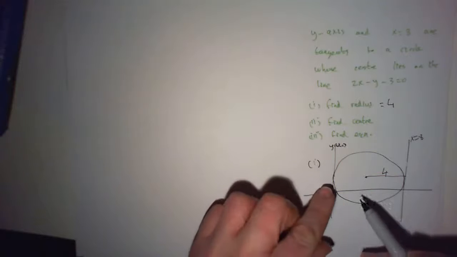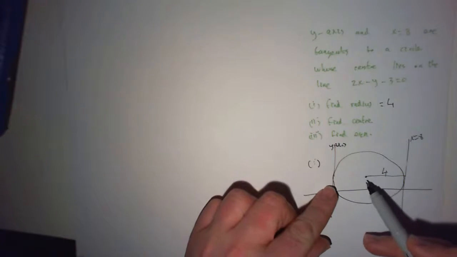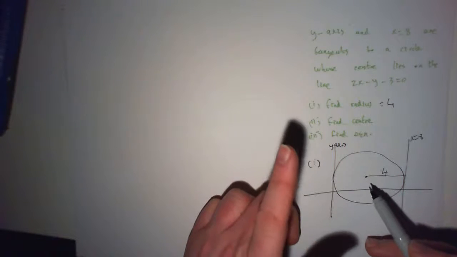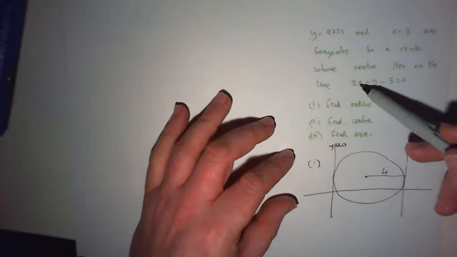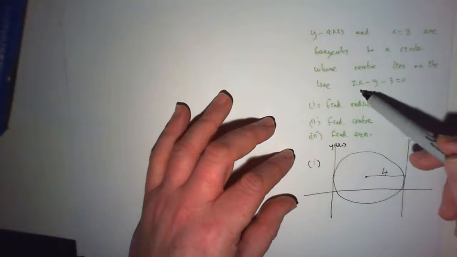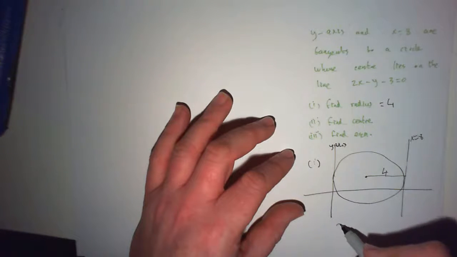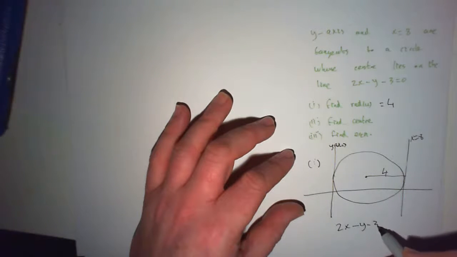So the next thing, find the center. Interesting. Well, we know one part of the center for sure: the x-coordinate is 4. We just need the other part. But we're told that the circle's center lies on this line, 2x minus y minus 3 equal to 0.